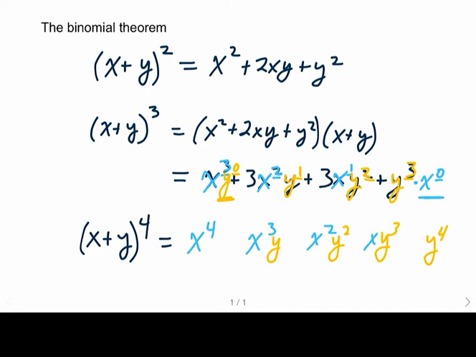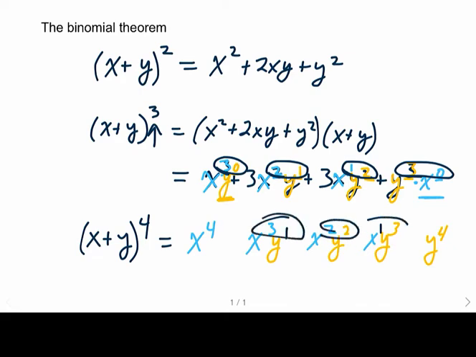Something to note, in x plus y the quantity cubed, the expansion of it, if we add the exponents in any one particular term on x and y, it always adds up to 3, which matches that it was x plus y the quantity cubed. Recognizing that, for instance, y is y to the first power, and x is x to the first power, we have that same thing going on with the exponents in the expansion of x plus y to the fourth power.